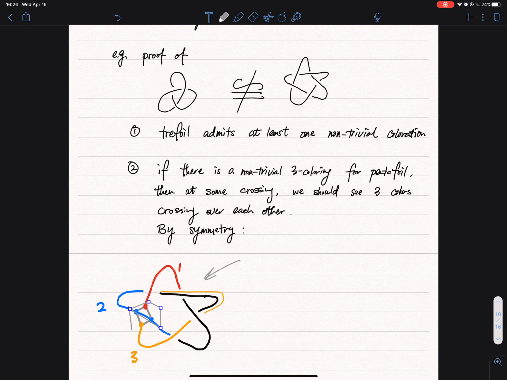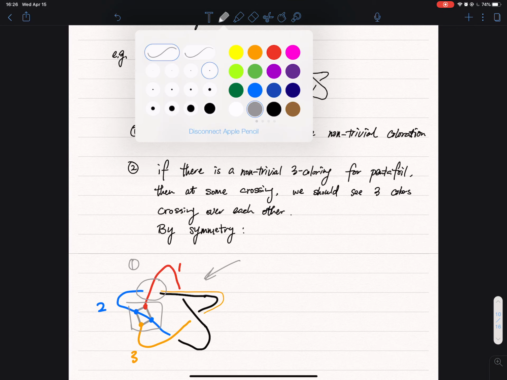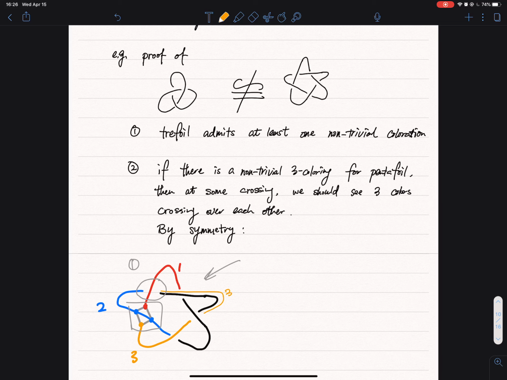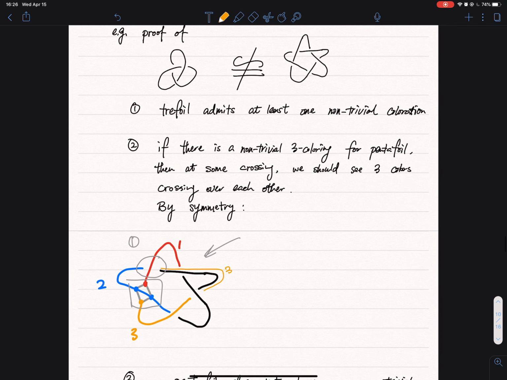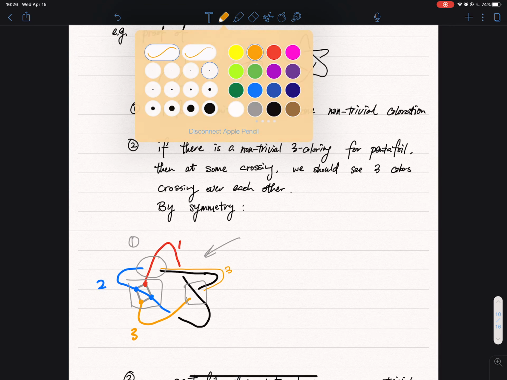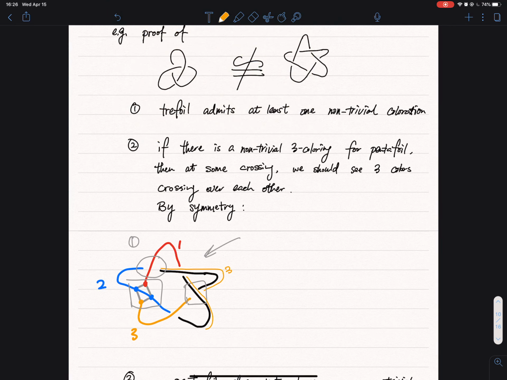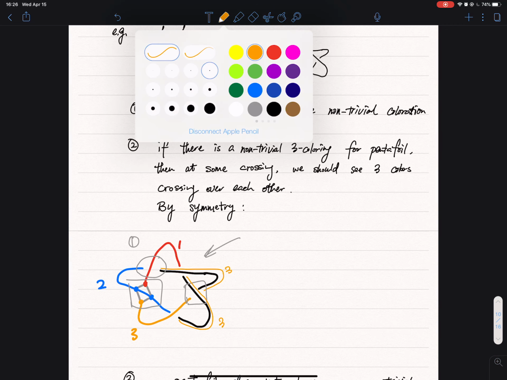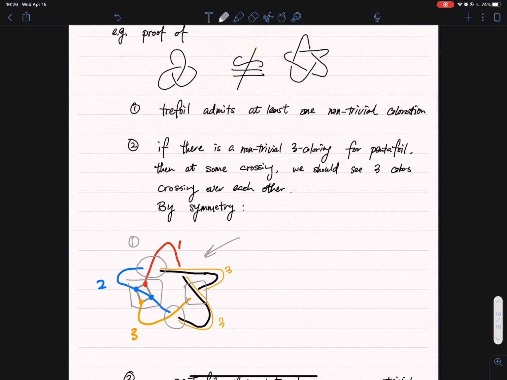This determines that we have this crossing, and this must be type 1. All of them are within different colors, resulting in this arc being color 3. Looking at this crossing, we'll see that this arc must be color 3 as well. There we have a contradiction, because now it's impossible to color this one properly.